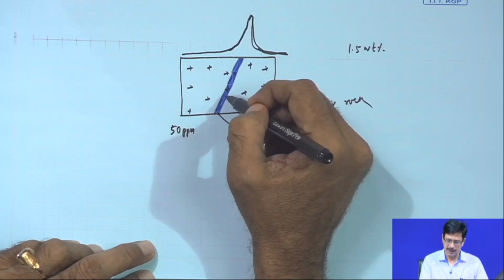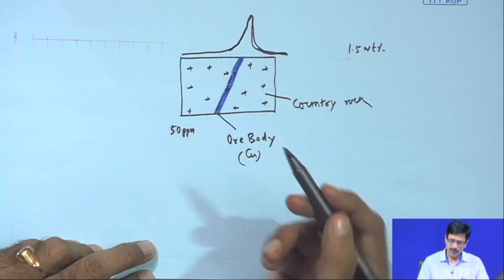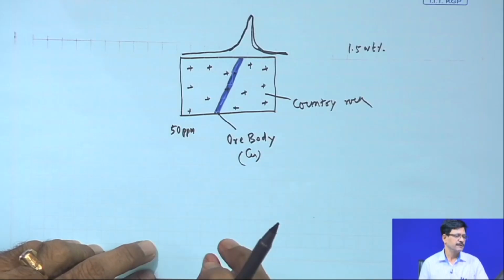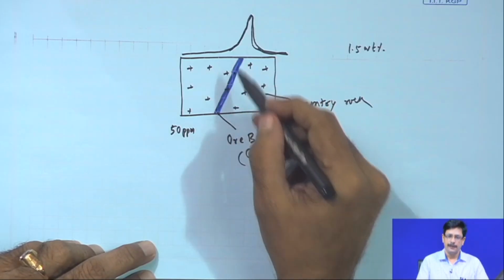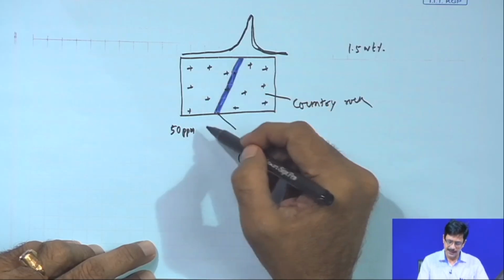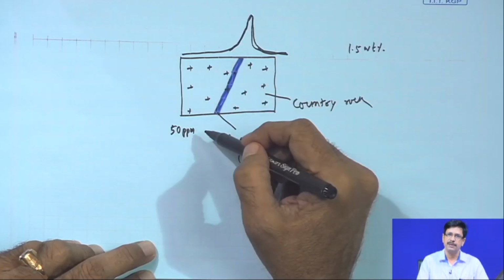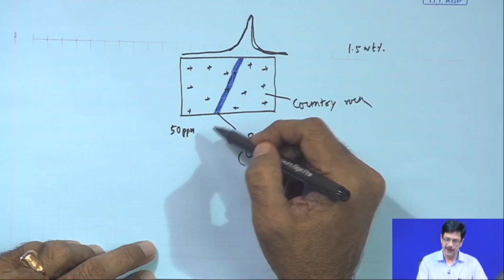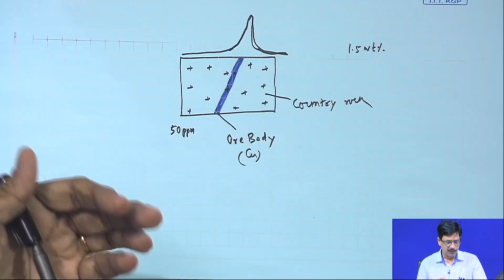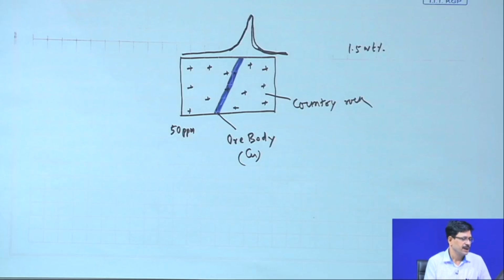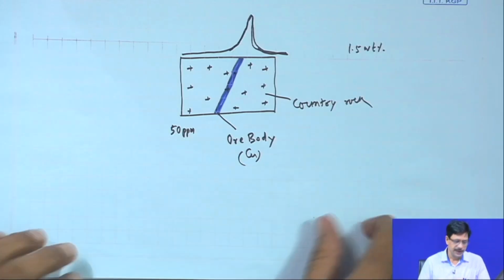This actually is my ore body. That is why they are distinct physical and chemical entities. Their shape, size and depth extension could be estimated by using various methods, and that is how I can explain it. And then these ore bodies.